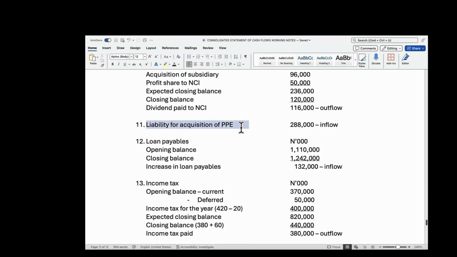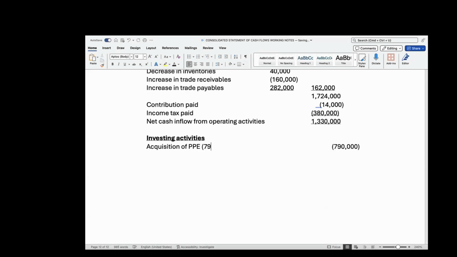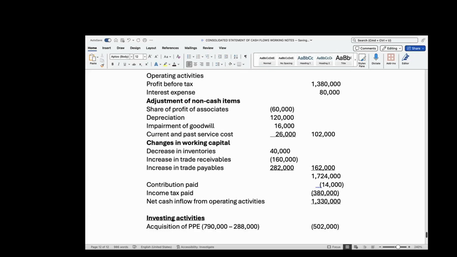That means liability of 288. So that means they are owing 288. So that means this 790, they didn't pay everything in cash. So what's the difference? 502,000. So they only paid 502 because for them to be owing 288, that means they didn't pay everything.